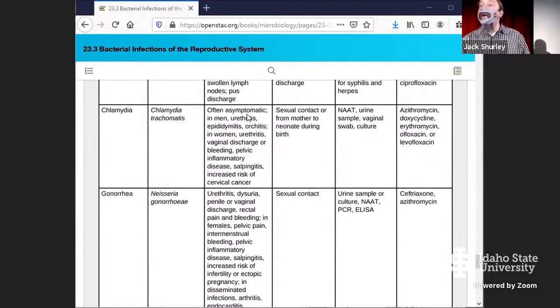It can progress undetected for a considerable amount of time, which sets the stage to increase the risk of cancers, cervical cancers. So we do think sexual contact, but there is the potential for the mother to pass it to the child as they're hatching out into this world.